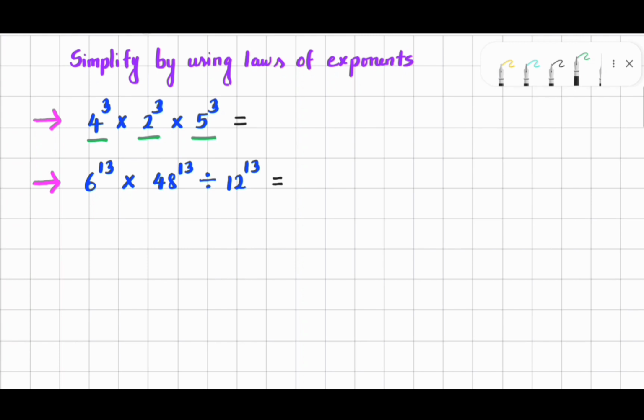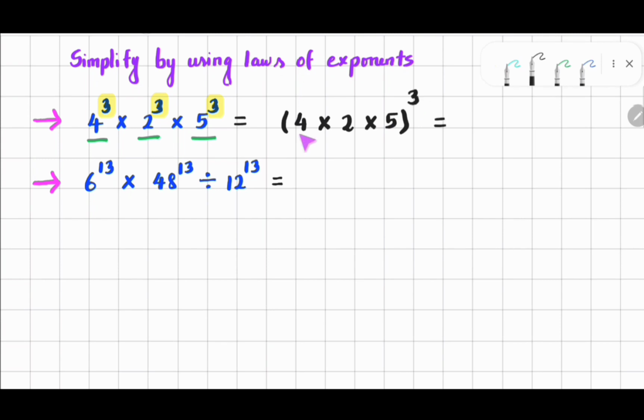Same steps we are going to follow here. Simply multiply the bases and place the same power. So we write 4 times 2 times 5 the whole cube. And if we multiply them, we will get 40 cube.